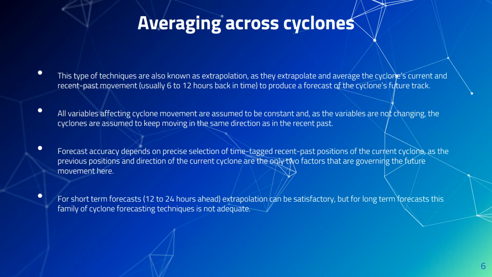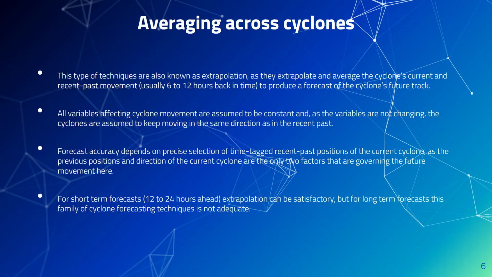So, average across cyclones. These types of techniques are also known as extrapolation, as they extrapolate and average the cyclone's current and recent past movement, usually 6 to 12 hours back in time, to produce a forecast of the cyclone's future track. Extrapolation techniques are the simplest among all track forecasting techniques.